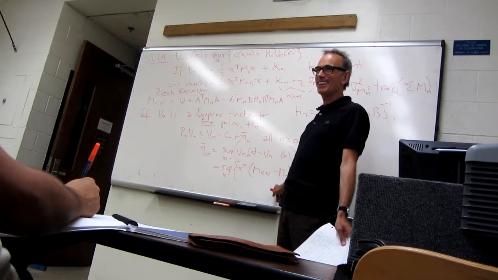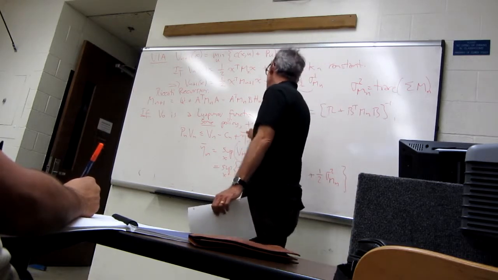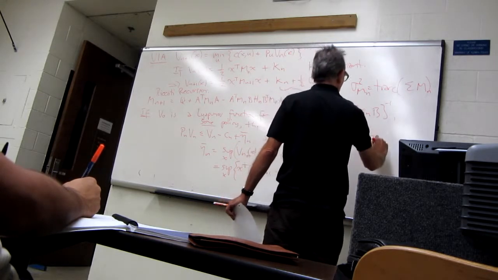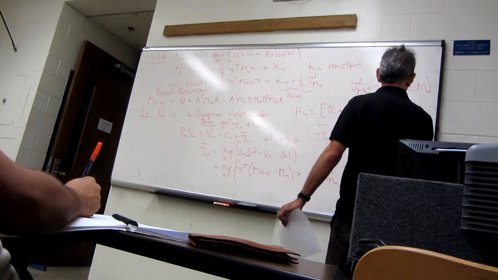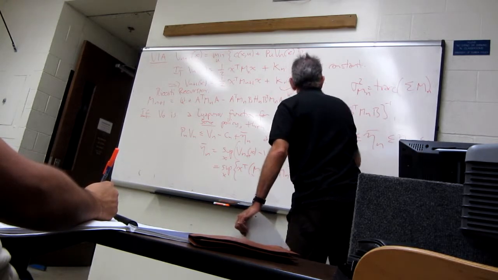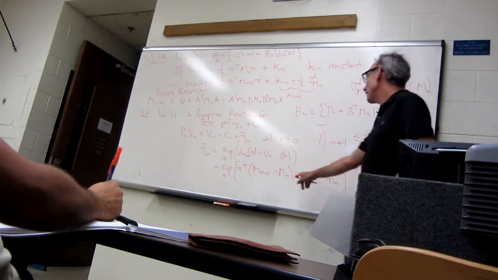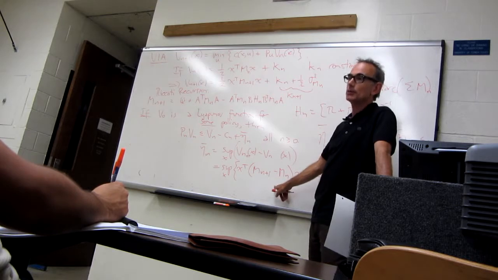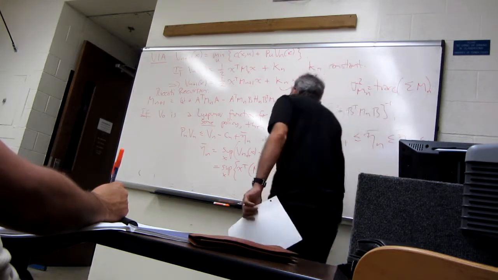We know it's finite. We proved that eta bar n plus 1 is less than or equal to eta bar n, less than or equal to eta bar n minus 1, dot, dot, dot. Sorry about my etas. We proved these are finite. So the only way this can be finite is if this matrix has eigenvalues which are all less than or equal to 0, which means that mn plus 1 is less than or equal to mn.